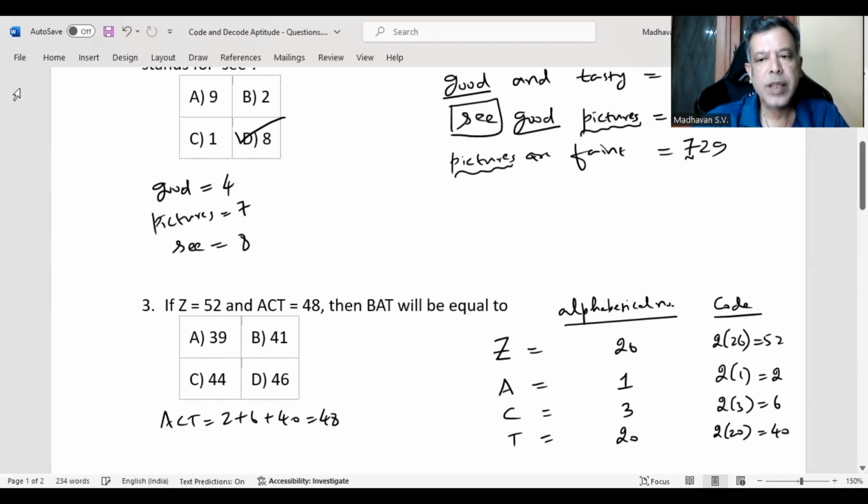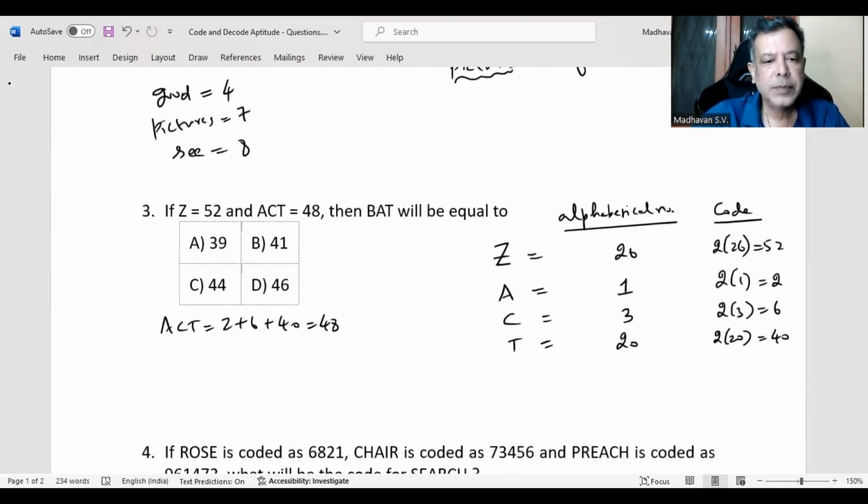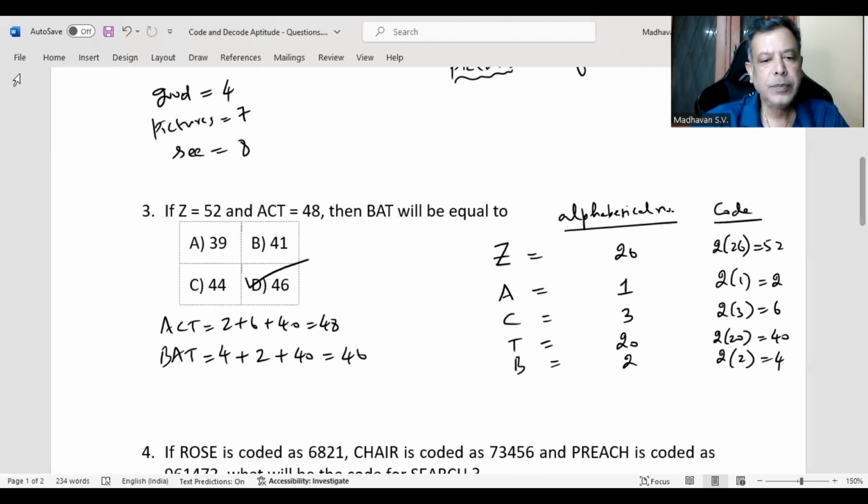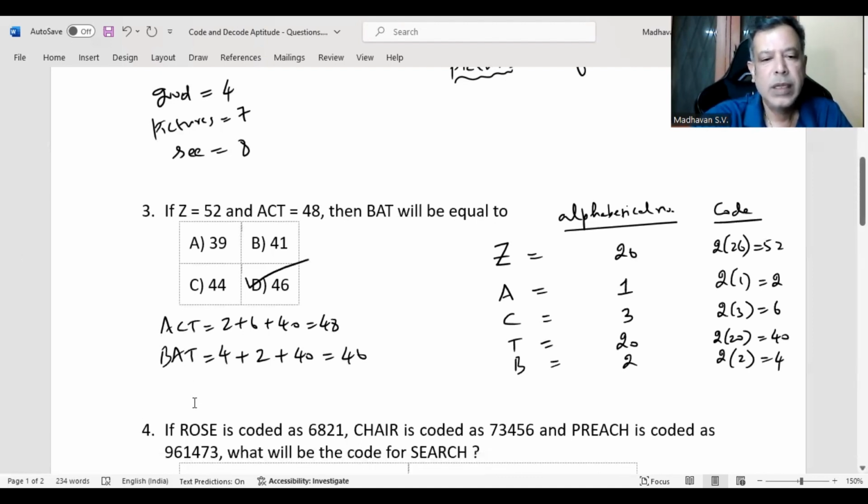Same logic for BAT. B's alphabetical number is 2, so the code is 2 times 2, which is 4. Already for A we wrote 2, and for T we wrote 40. If we add these, we get 46. The corresponding option should be D. Right. Let us move on to the next question.